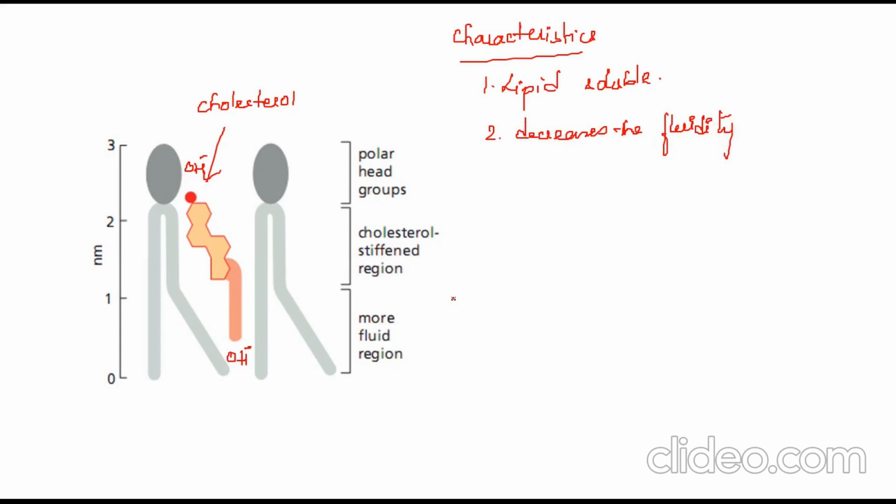So remember one thing, that these lipid molecules are dynamic in nature. I would like to write here a few points about membrane fluidity. First thing is, these lipid molecules are dynamic in nature.